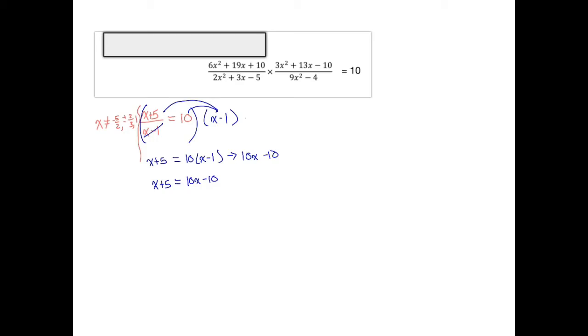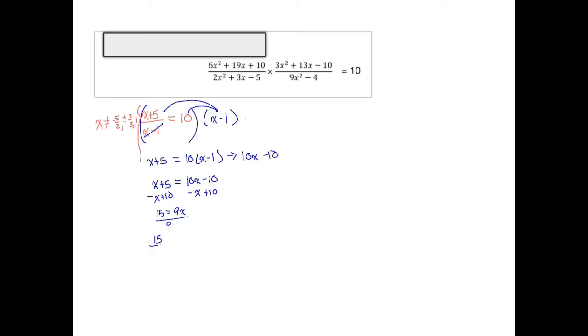Because it's linear, we don't really have to worry about it being equal to 0. But if this was a quadratic or cubic or any other exponent, higher degree than 1, we would have to set it equal to 0. So because this is linear, we can just go ahead and isolate the x. And so we get 15 is equal to 9x, divide by 9.